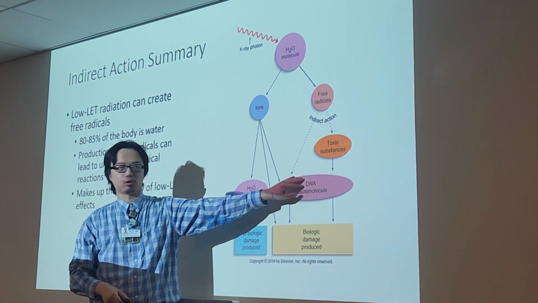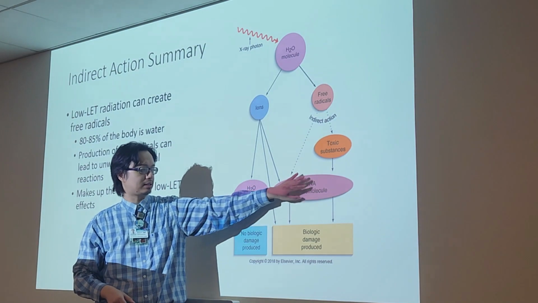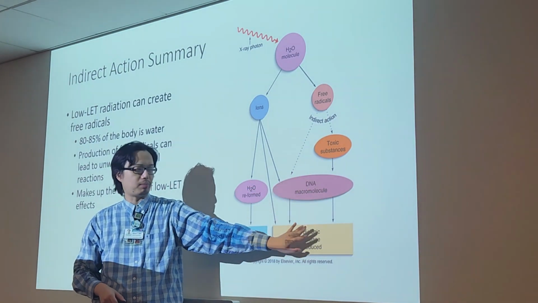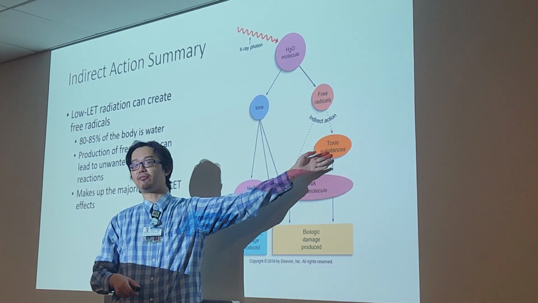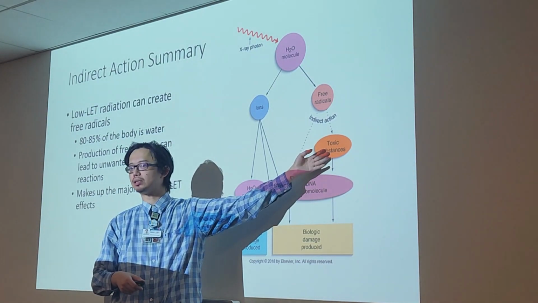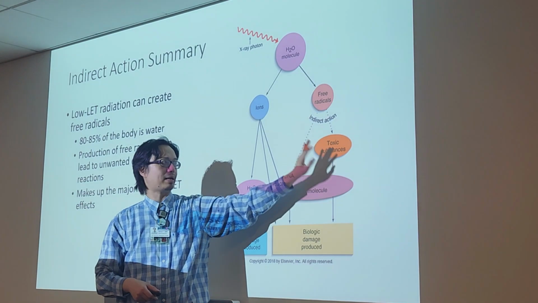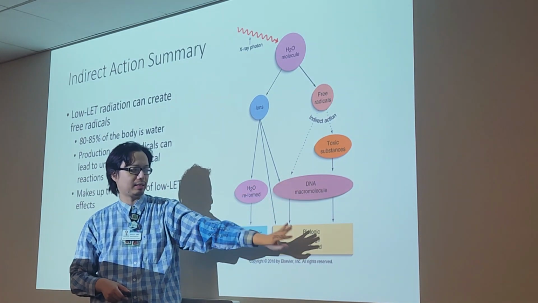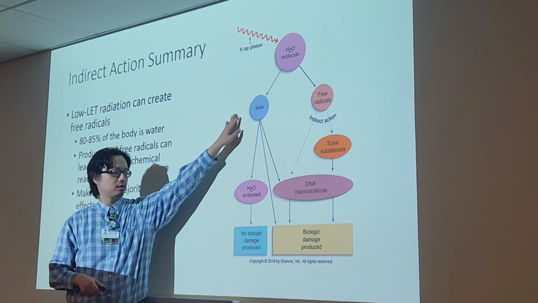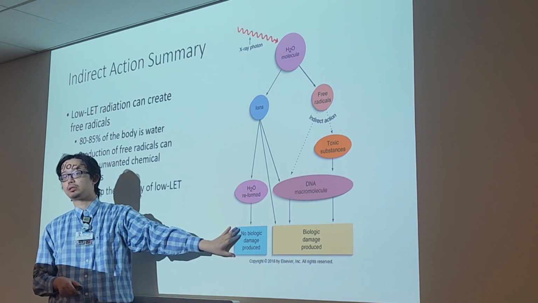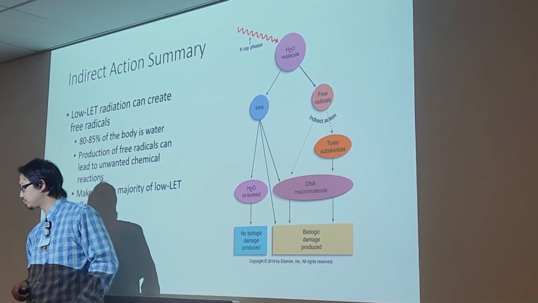The free radicals or the toxic substances interact with the DNA and they cause biologic damage. Right? So toxic substances, stuff like hydrogen peroxide. Right? So free radicals, hydrogen peroxide attacks DNA, causes biologic damage. Ions aren't as dangerous. Ions don't really cause that much damage.